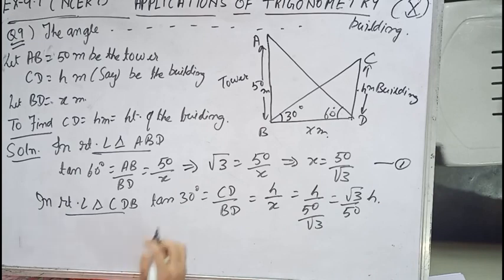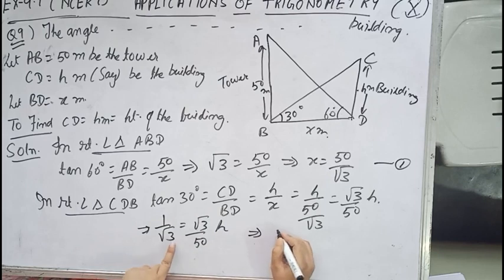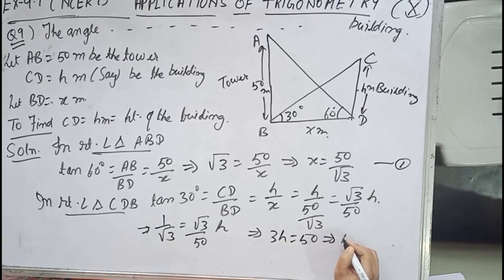Now tan 30 value is how much? 1 by root 3. So this implies 1 by root 3 equals to root 3 by 50 h. Now this implies, cross multiply, 3h equals to 50 implies h equals to 50 by 3. This you convert to decimal or leave it as such.